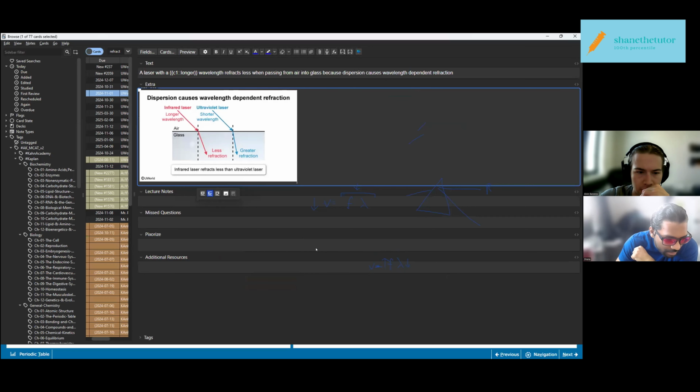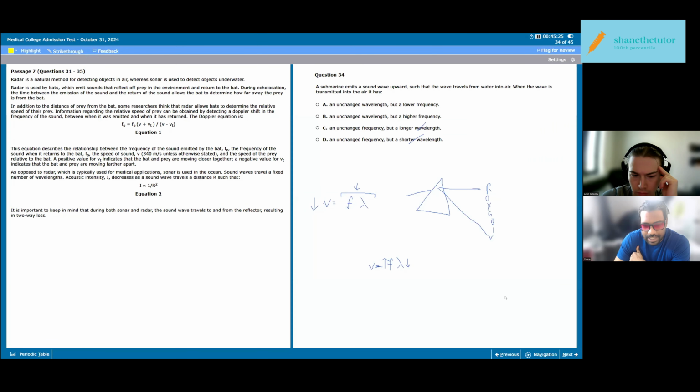Infrared, longer wavelength, less refraction; ultraviolet, shorter wavelength, greater refraction. You see that in the Roy G. Biv example that I drew for you before. The red is all the way up here, it has not really refracted much. But as we go up in frequency or down in wavelength to violet, you can see that it's refracted far more. It's bent a lot more.